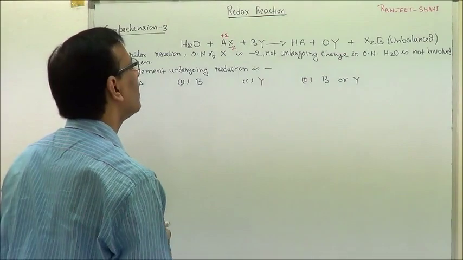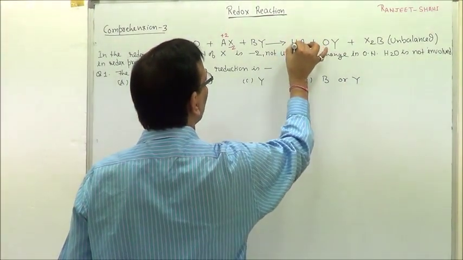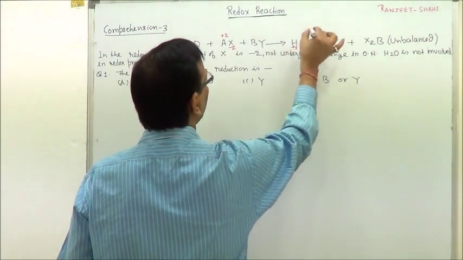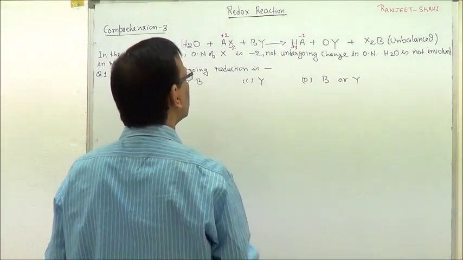On the other side, we can see easily that hydrogen is +1, so A must be -1.